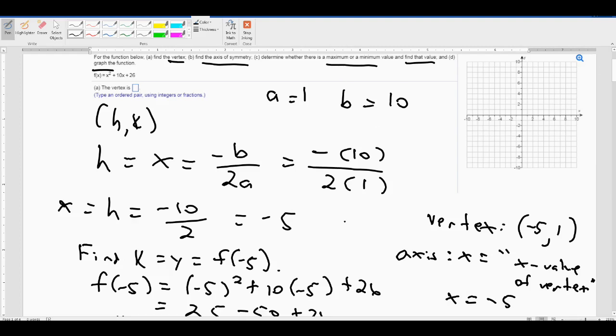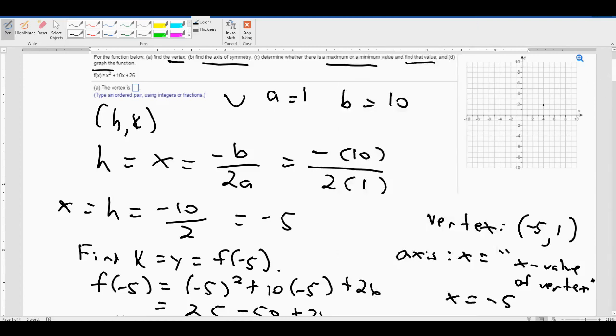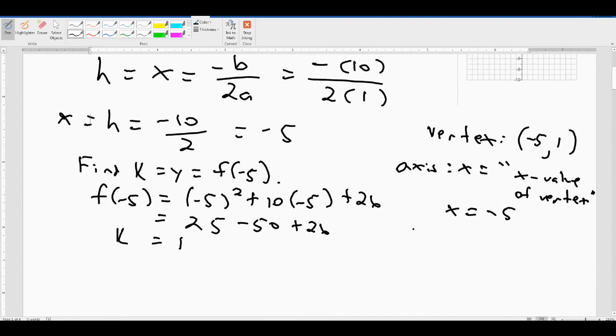And then max or min, you can look at the fact that a is 1. Anytime it's positive, the graph goes up like that, which makes it a min. And if you want to look at the graph again, that's a min. So it does have a min, and the min is always the y value of the vertex.